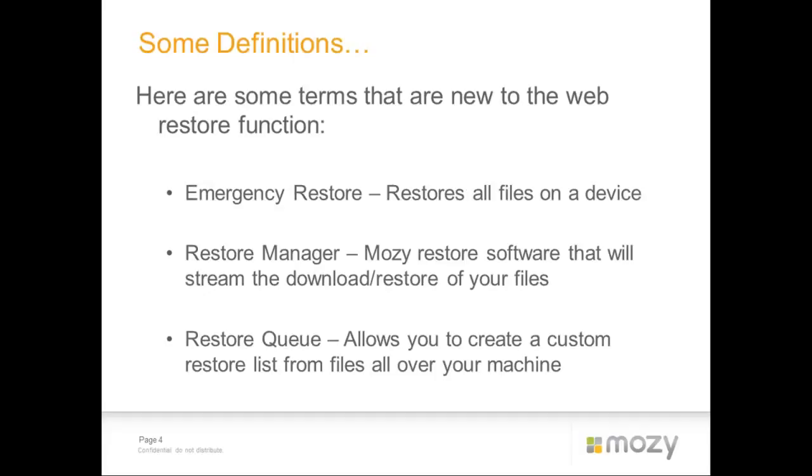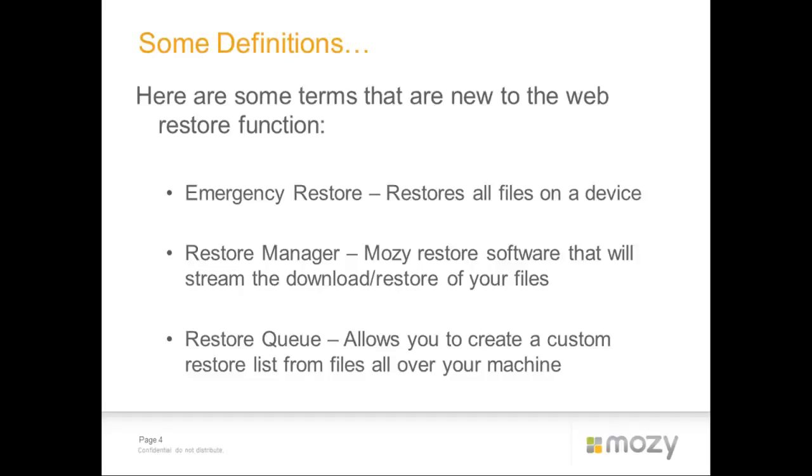Before we do that, just some quick definitions, as you will see them through the slides and also when I'm going through the example. The emergency restore process restores all the files on the device. You'll see it in the restore window, and the symbol that represents it is a life buoy.